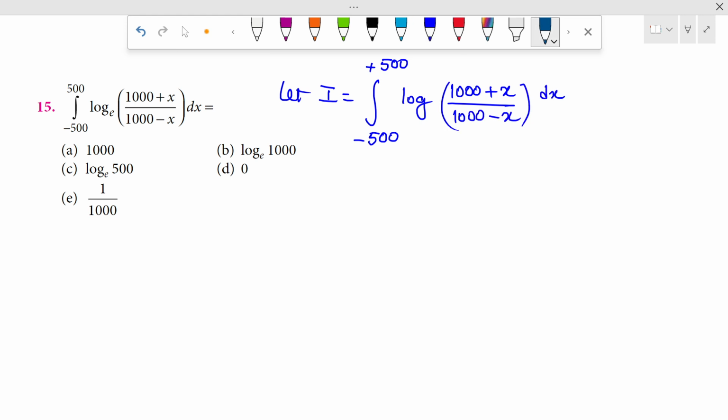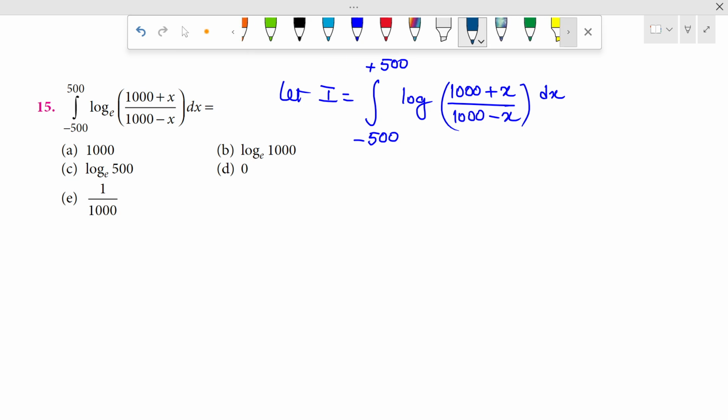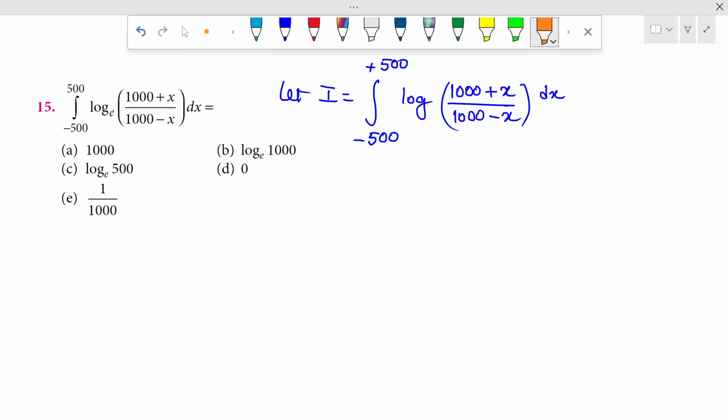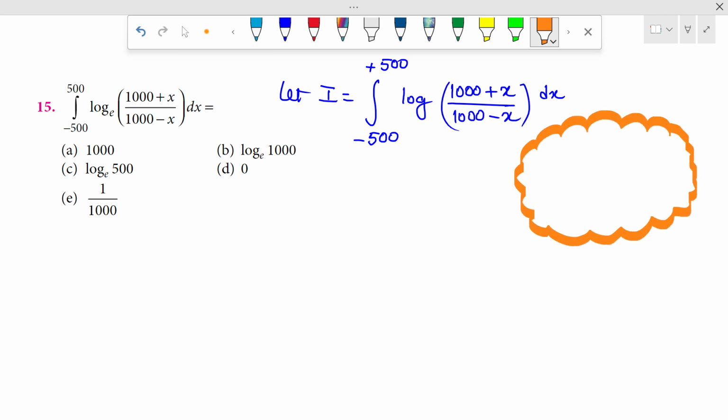We need to find the value of this. Now before we get started, we have a property which all of us know, that I can write log(1 by x) as minus log x. We know this, right? We will use this property in this question.